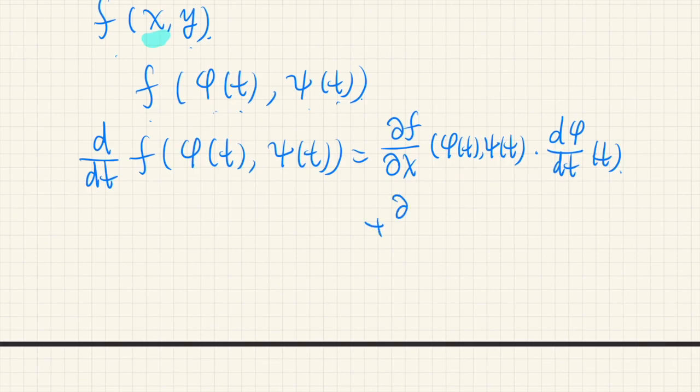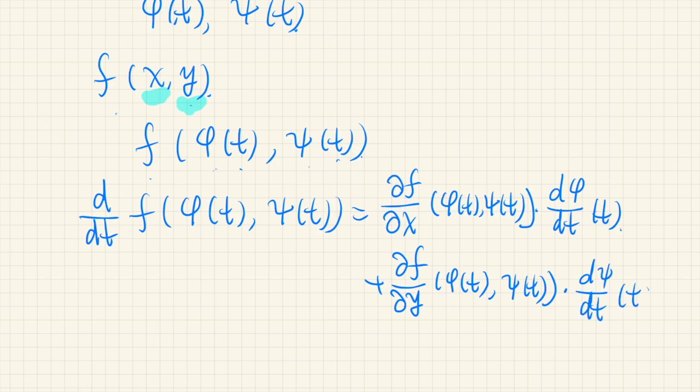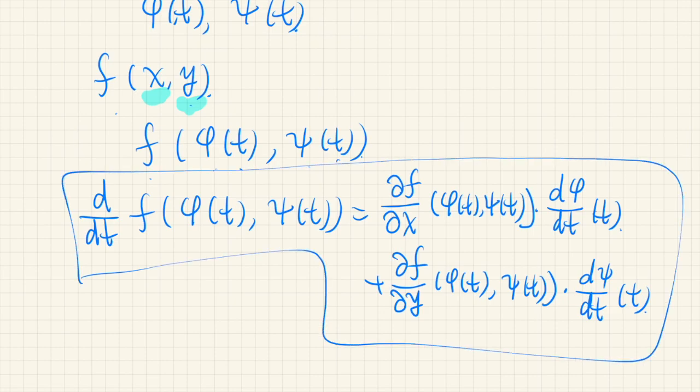Plus the partial derivative of f with respect to y, this second argument, evaluated at phi of t and psi of t, multiplied with the ordinary derivative d psi dt of t. So this is the chain rule when the inner functions are univariate functions.